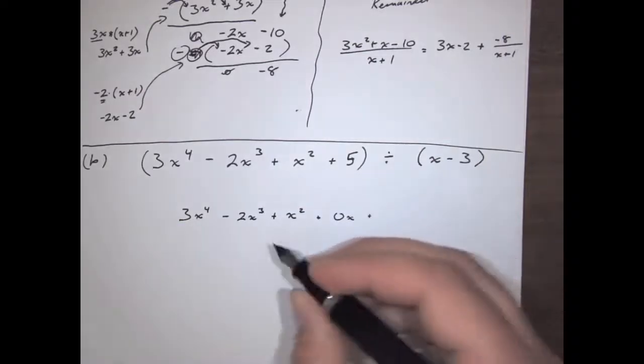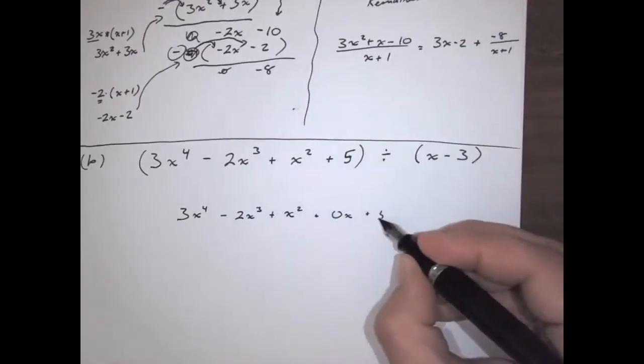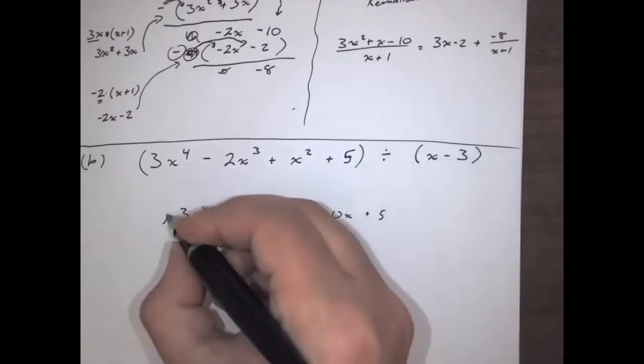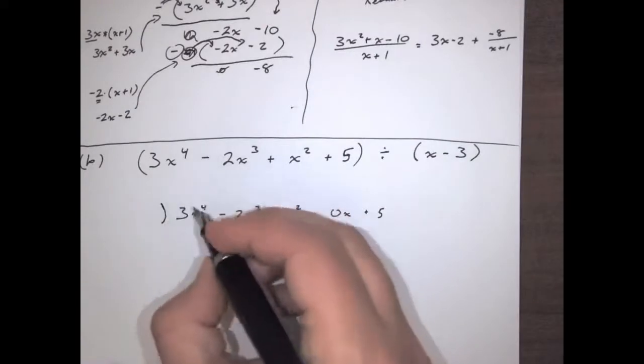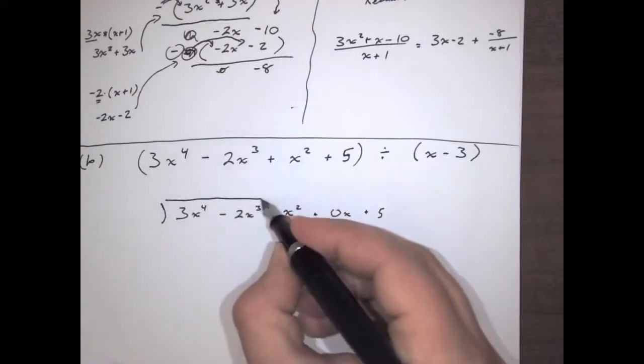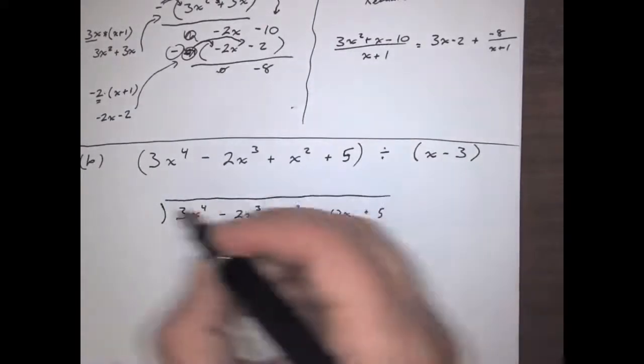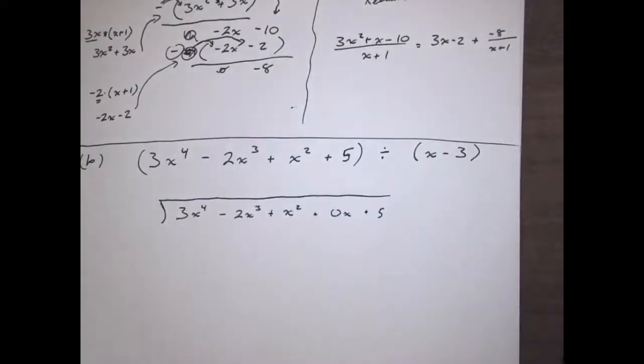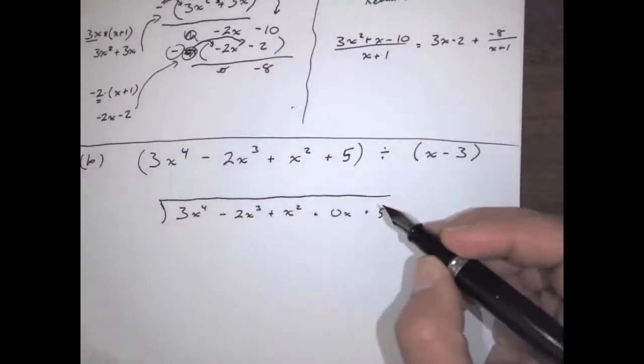You might space it out by even putting 0x plus 5. This helps keep the spacing proper, very similar to the way place value notation works for regular numbers. If it's like 301, you would still write the 0 in the tens place, and the reason is to help keep everything lined up properly.